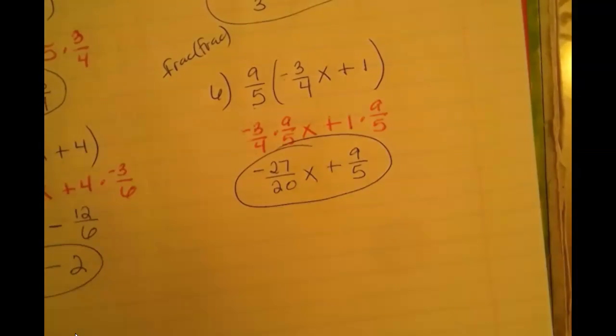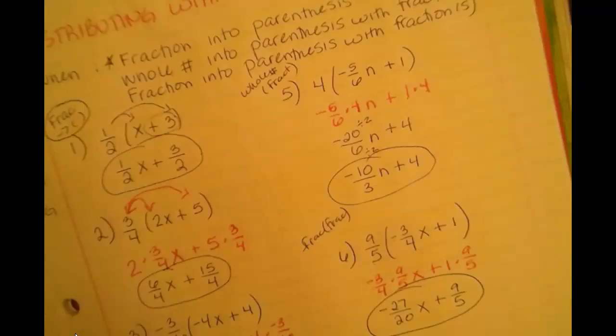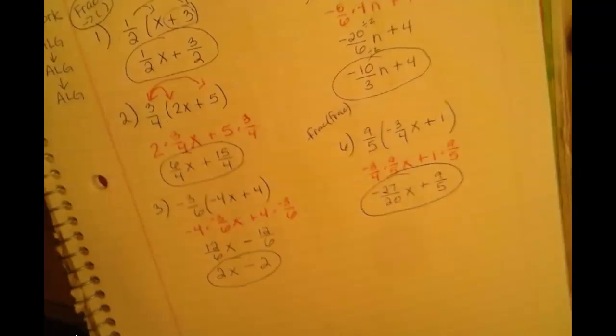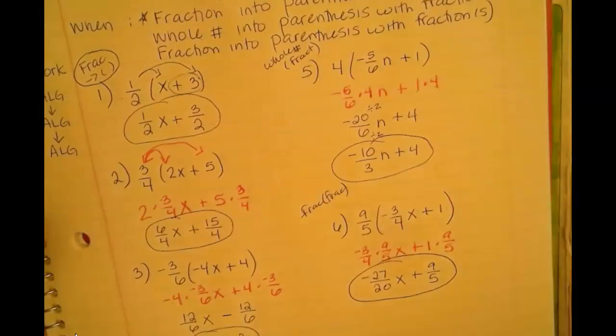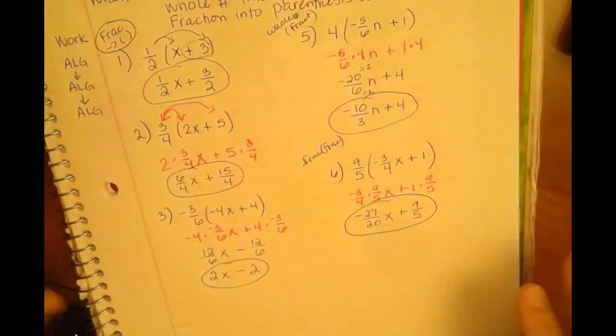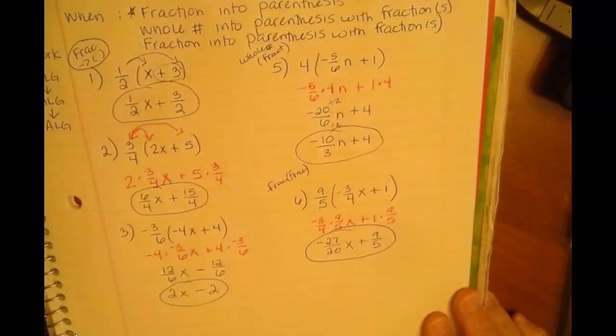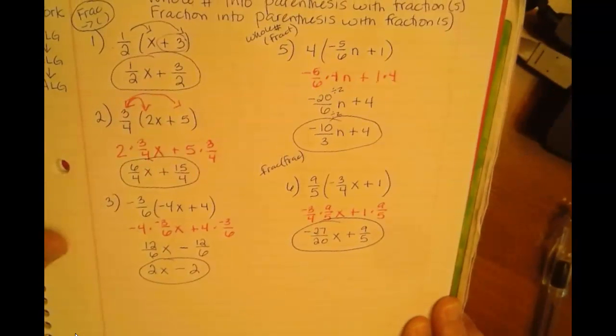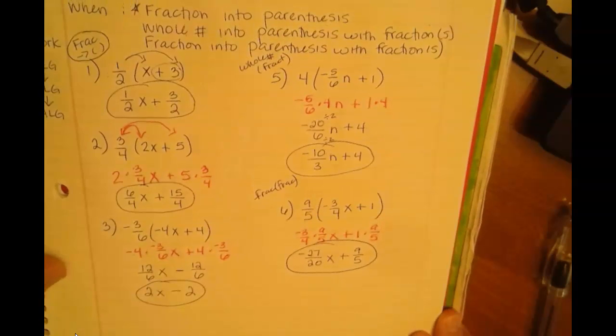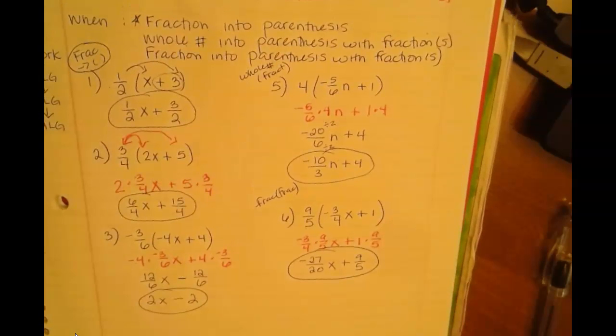So that is all the problem types that are going to be on your homework, and the main thing I'm looking for from you, especially in honors, is to see if you can get your signs and things right. I assume that everybody pretty much has these skills, and we're just reviewing here, but the main thing I want to know is, can you be precise? Can you make sure 100% that you're getting the right answer when you're multiplying with positives and negatives?